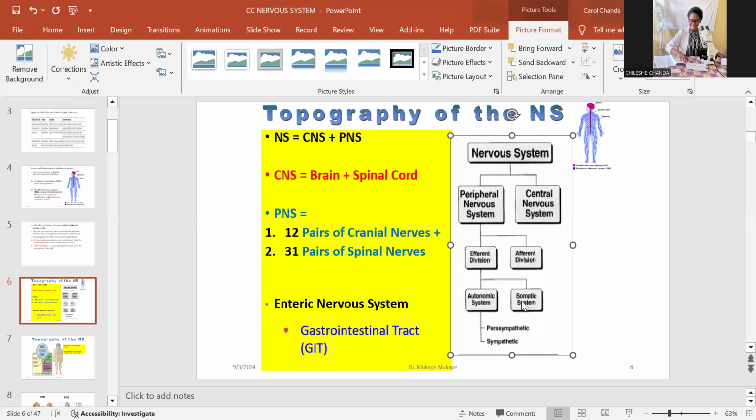Now, this same autonomic nervous system is further subdivided into the sympathetic nervous system and parasympathetic nervous system. The sympathetic nervous system, I'm sure we already know, is also known as the fight and flight nervous system.